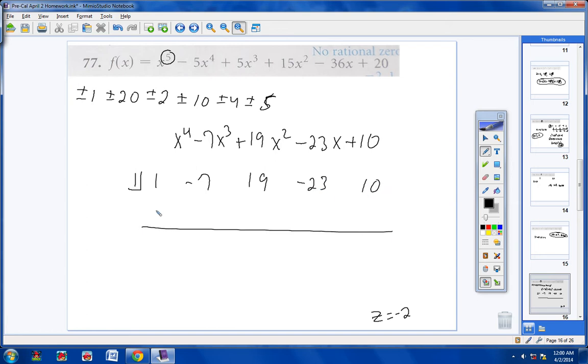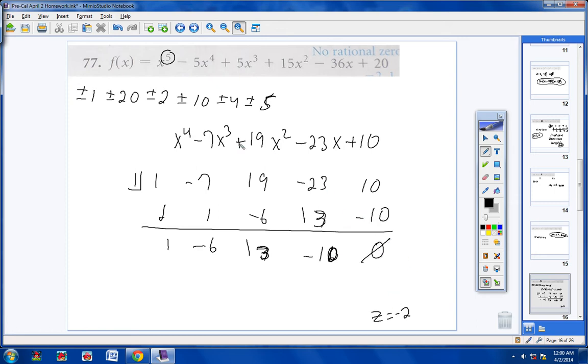Bring your 1 down, multiply, you get 1, combine, negative 6, multiply, negative 6, combine, you get a 13, multiply, you get 13. Combine, you'll get a negative 10, and 1 times negative 10 is negative 10.